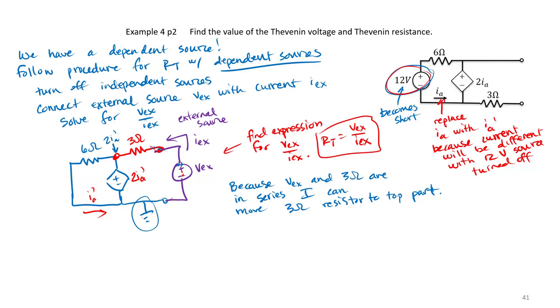So I can write that IEX must equal VEX minus 2IA prime divided by 3 ohms. That's the node equation through the 3 ohm resistor, Ohm's law on the 3 ohm resistor.